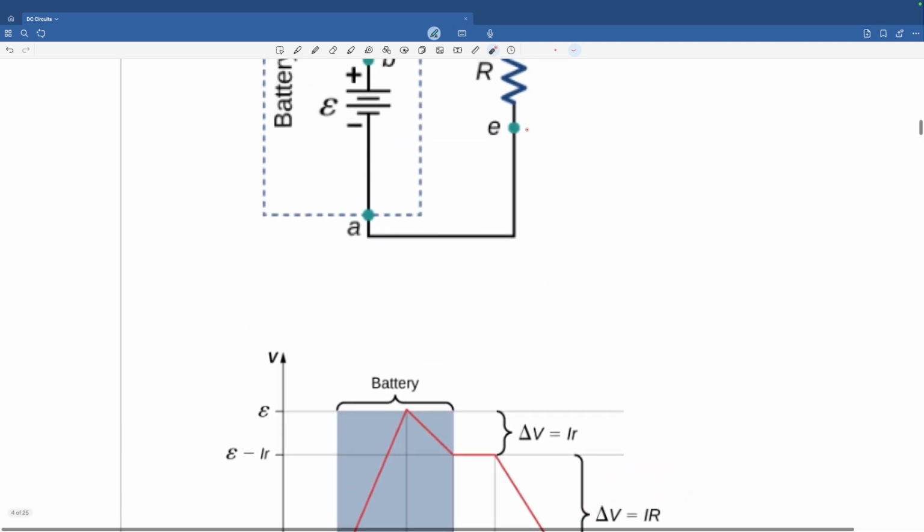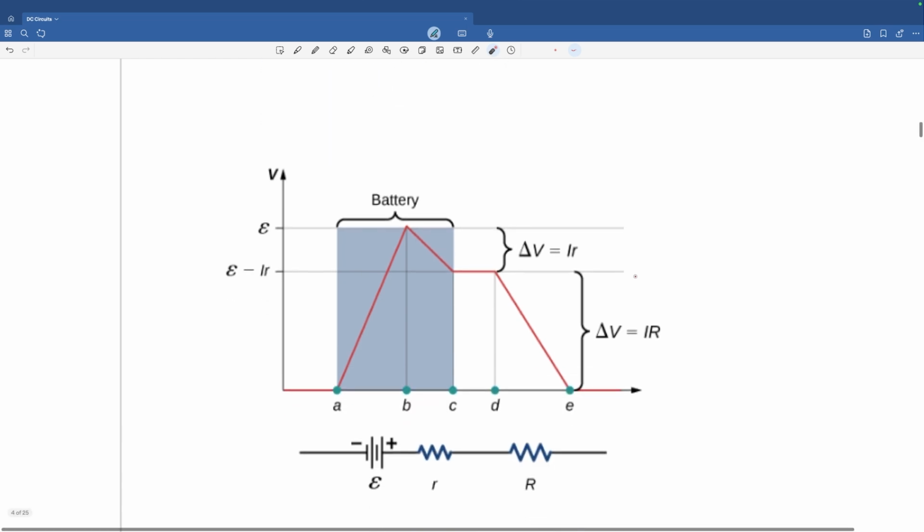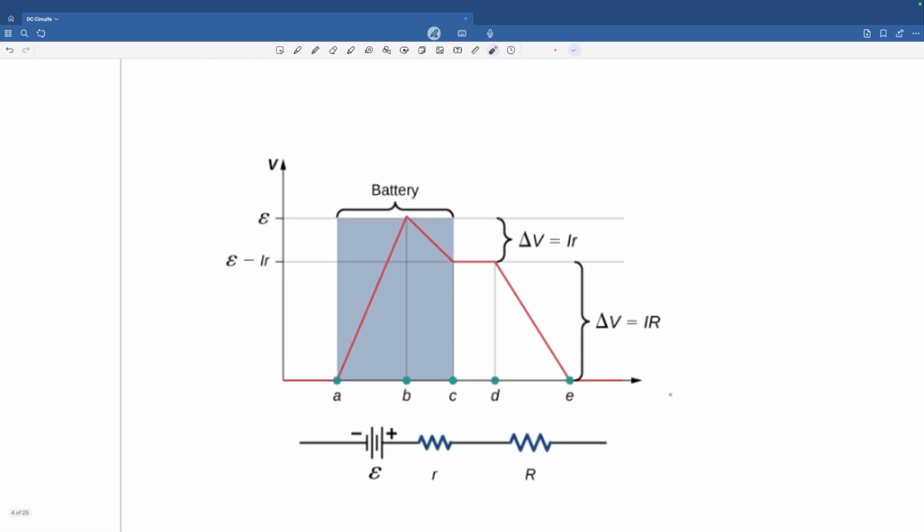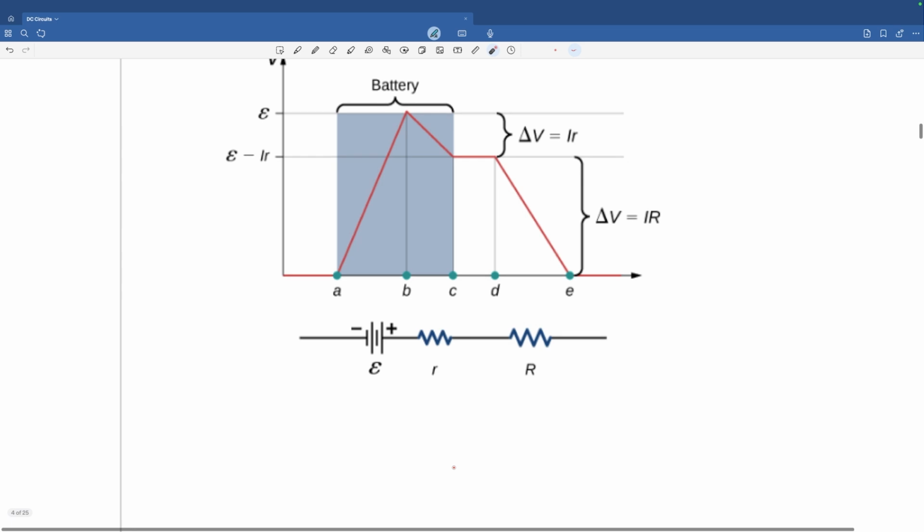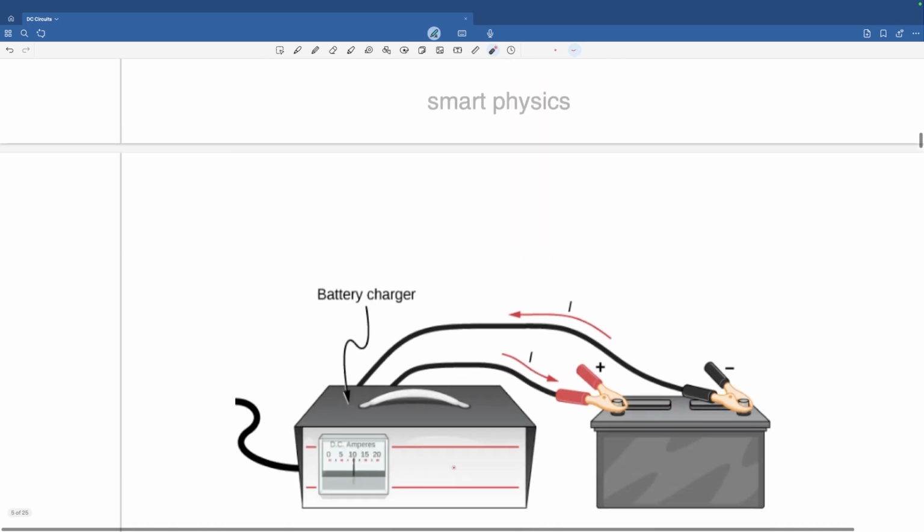And when you reach the point E, remember it's the same as point A, so the potential drops to 0. So I think you understood this. The diagram is very clear. You have to know this in order to apply what we're going to do in this chapter later called Kirchhoff's laws. Okay, I hope that's clear.